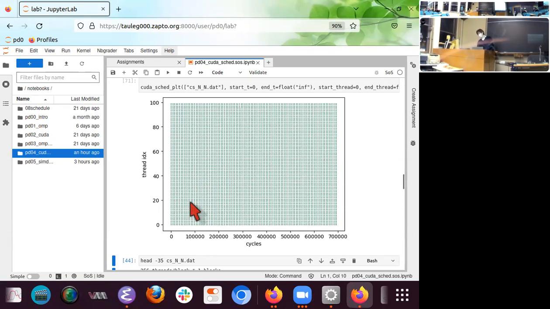GPUs put so many threads on the same streaming multiprocessor at the same time and execute them concurrently. Simultaneously meaning that the executions interleave in a very fine-grained fashion. Like in a particular cycle, these threads run, and in the very next cycle, a totally different set of threads run.